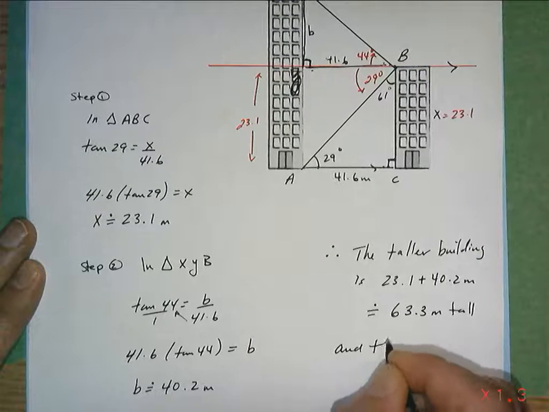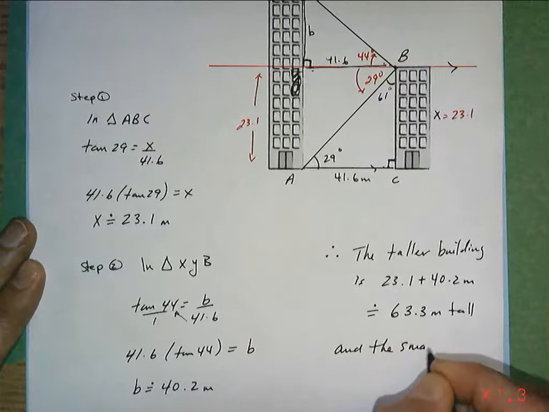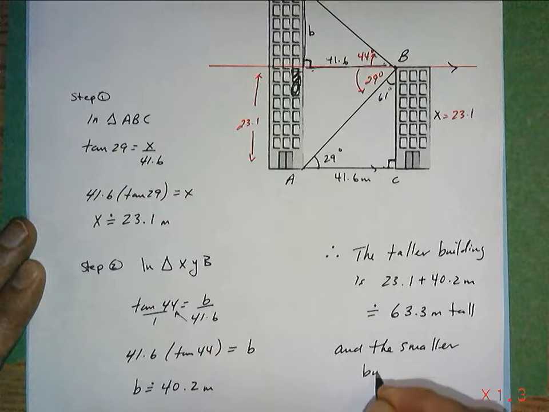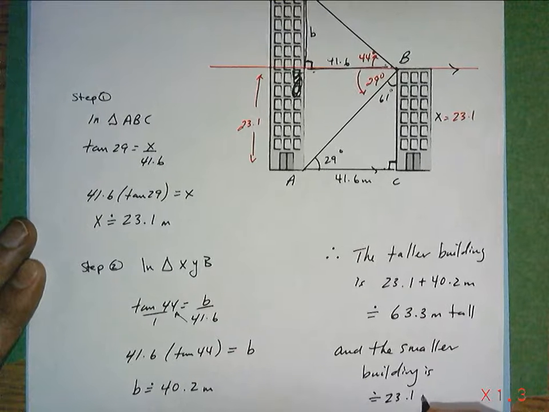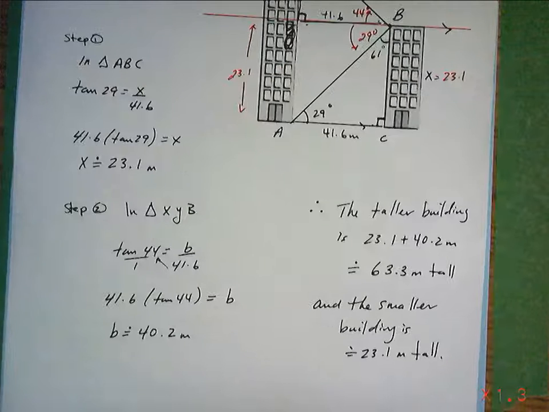And the smaller building is approximately 23.1 meters tall. There you go, ladies and gentlemen. So that's word problems and the idea of angles of elevation and angles of depression.